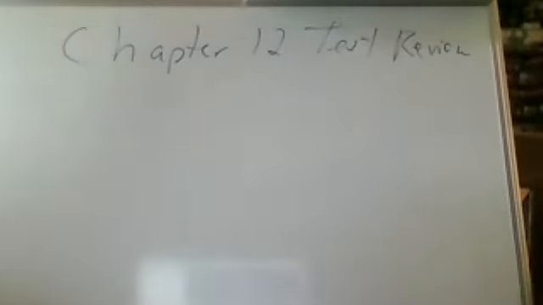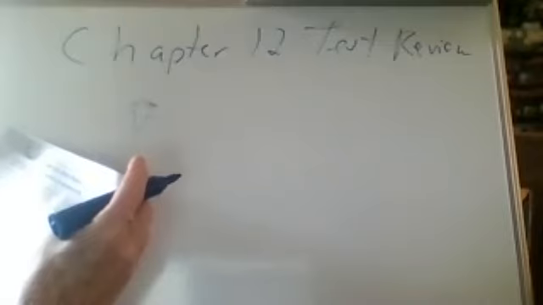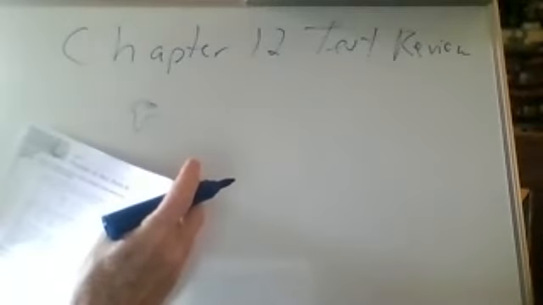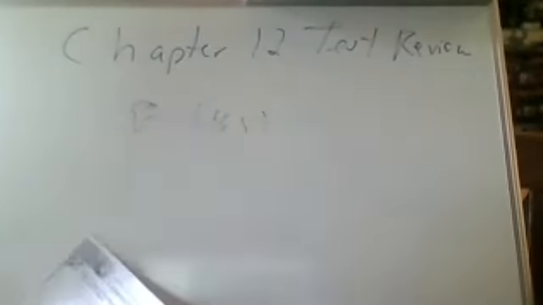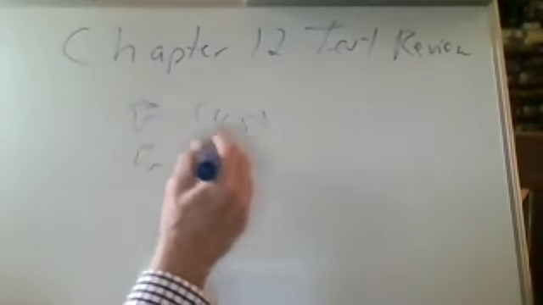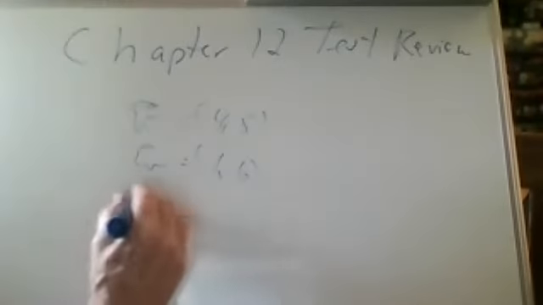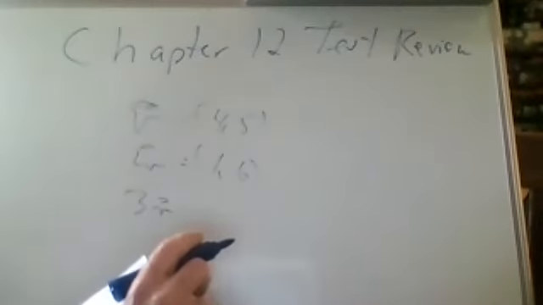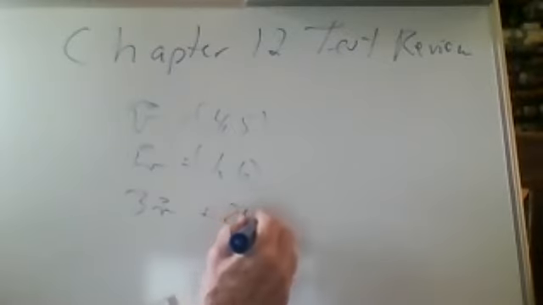Next question, the next couple of questions have to do with vectors. If vector v is (4, 5), remember we can write a vector as an ordered pair, and vector w is (1, 6), then find the coordinates of 3 times vector v plus 2 times vector w.